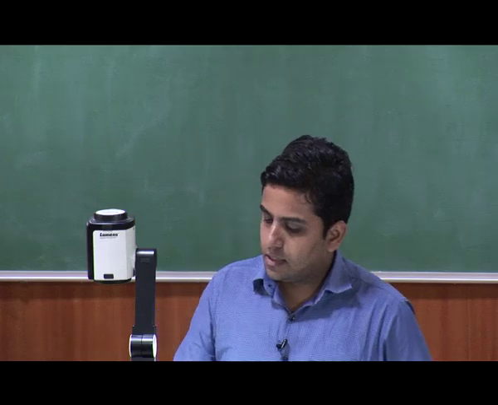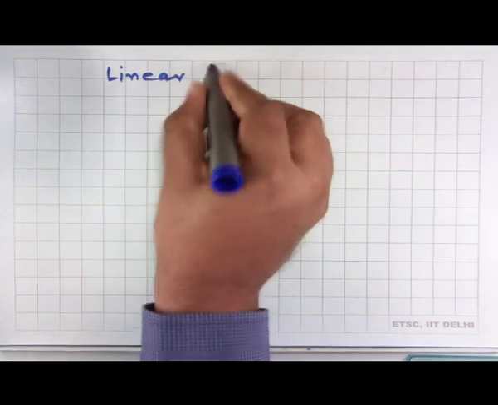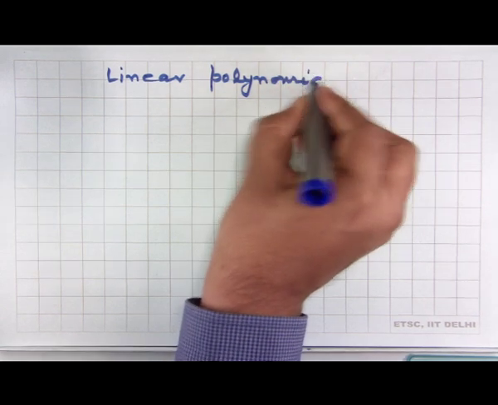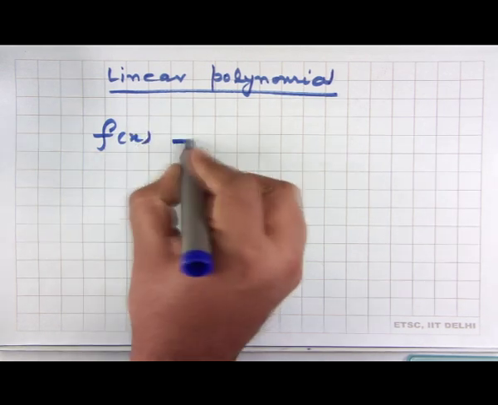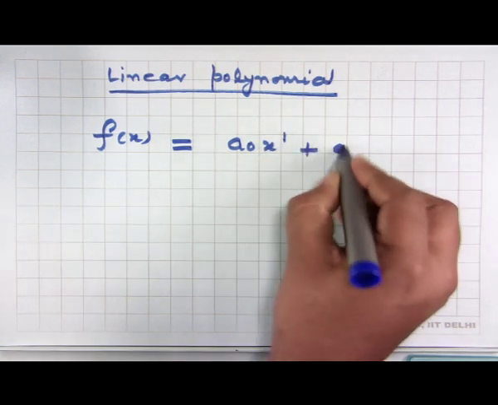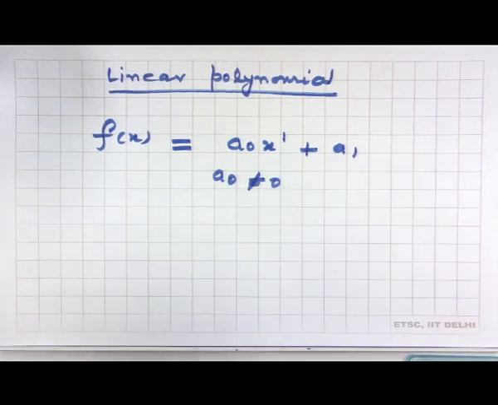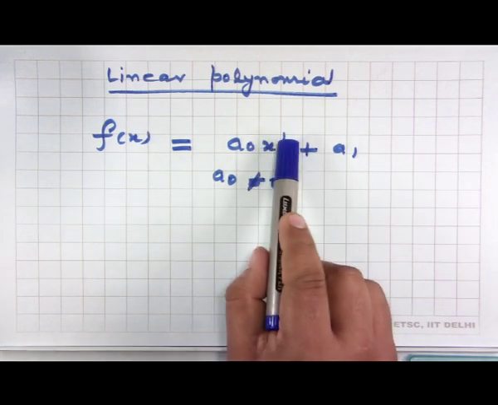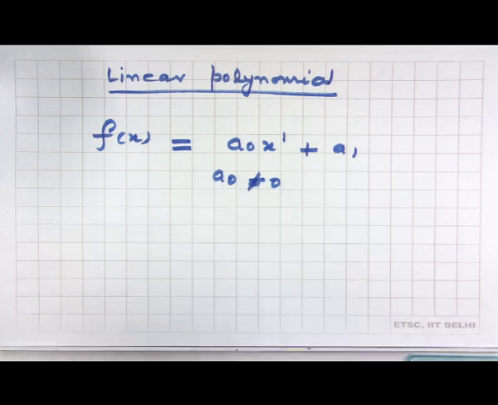Now we will discuss the linear polynomial. It is clear from the name of the polynomial because the highest power in that polynomial is 1: a0 x to the power 1 plus a1. a0 should not be equal to 0 because the coefficient of the highest power should not be 0.